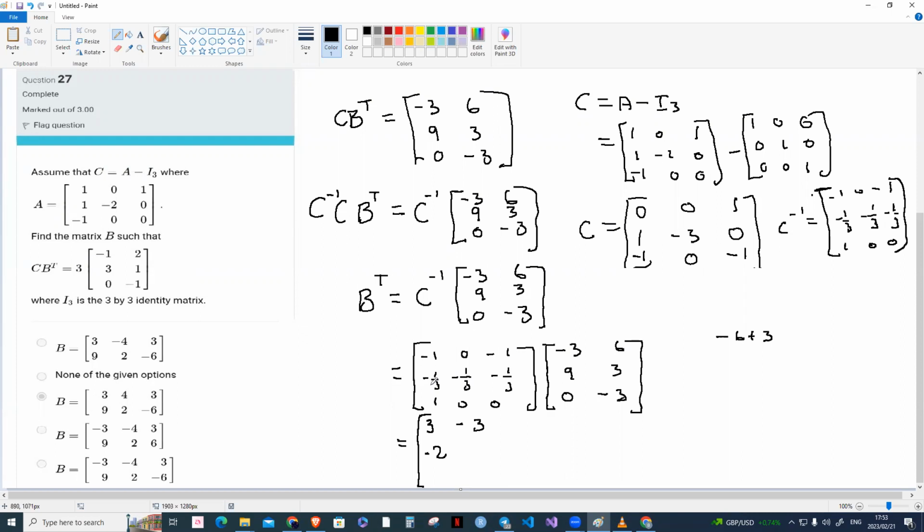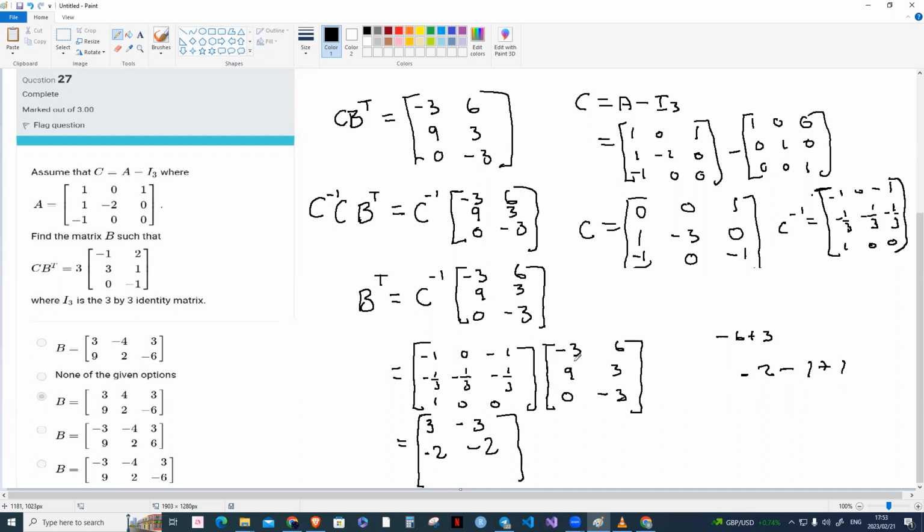This will be -2, -2, -2 and -1, that's a -3. This is a -3. Okay, this is a -2. Then there's a -1. Then there's a +1. This will be a -2.